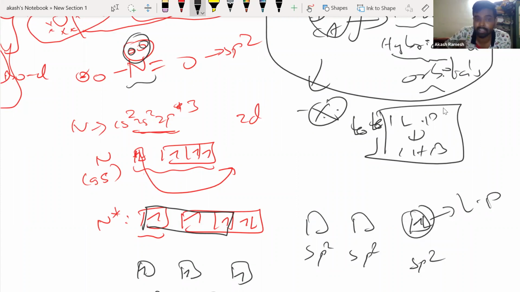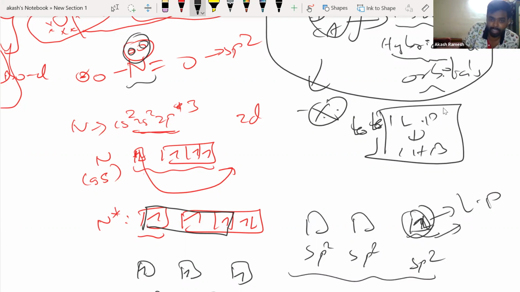In this particular case, nitrogen is having a lone pair. I told you that for any molecule whose central atom has a lone pair, that should be placed in one of the hybridized orbitals. So one of the sp2 hybridized orbitals will have a completely filled shell. That is going to have the lone pair.